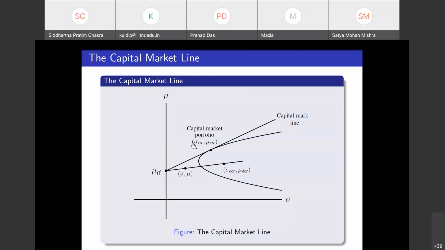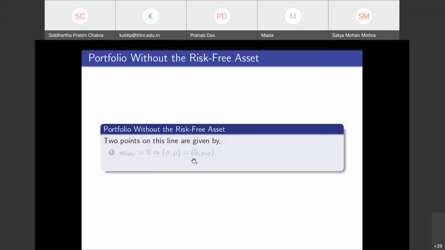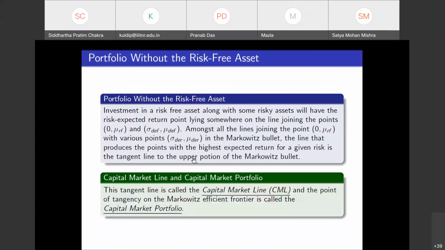So the punchline in the CAPM framework is go and get some SBI fixed deposit and put some money in some NSE 50 or Nifty 50 index in whatever proportion you want, depending on where on this line you want to find yourself.